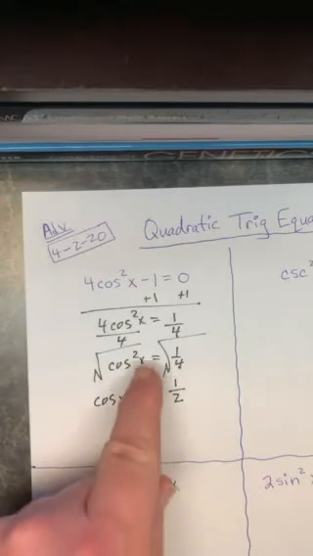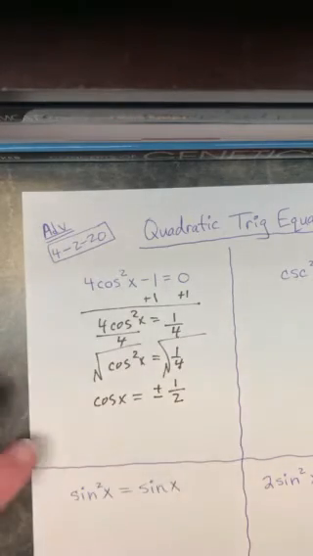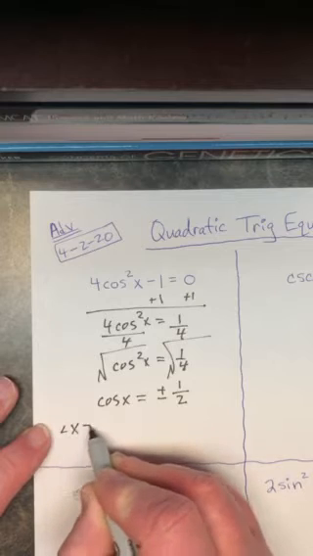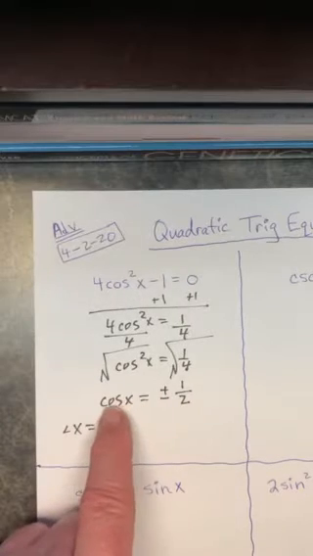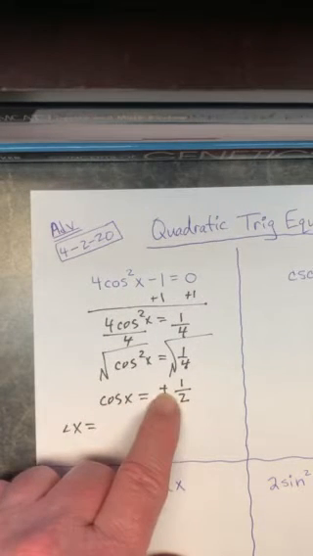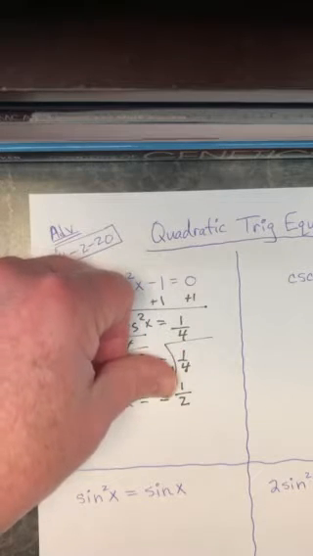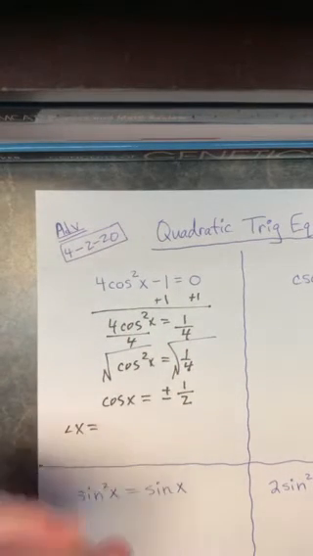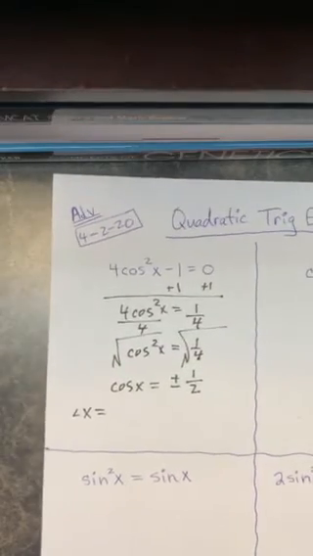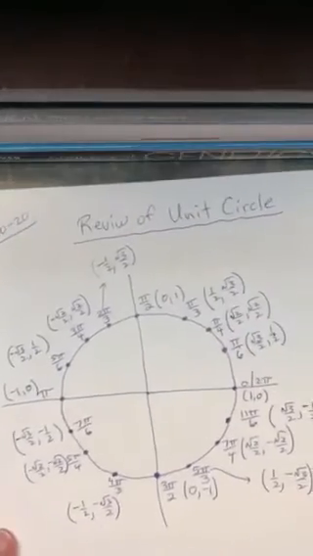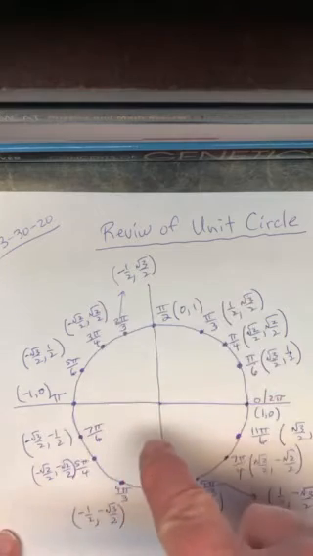Now remember, that's not the answer to the question. We still need to go to our unit circle now and try to figure out what the missing angle x is going to be. So really, we're asking, when does cosine equal positive 1/2? And when does cosine equal negative 1/2? Now remember, cosine is always the x-coordinate of all your ordered pairs. So we go to our unit circle, and we pick out all the instances where our x-coordinate is 1/2 or negative 1/2, agreed?